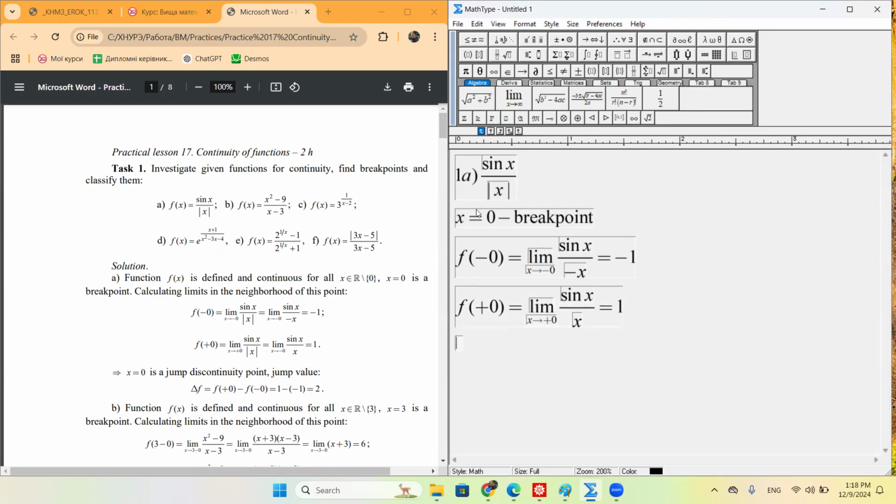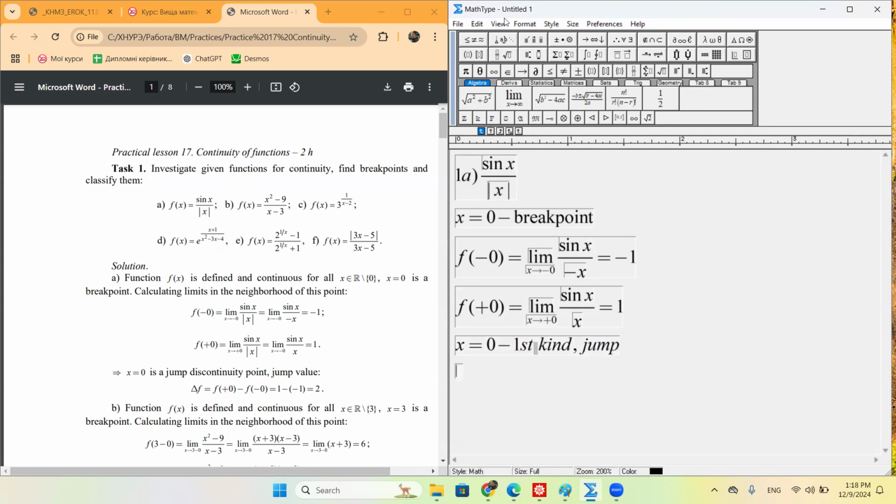So it means that x equals 0 is a breakpoint of the first kind, a jump of the function.